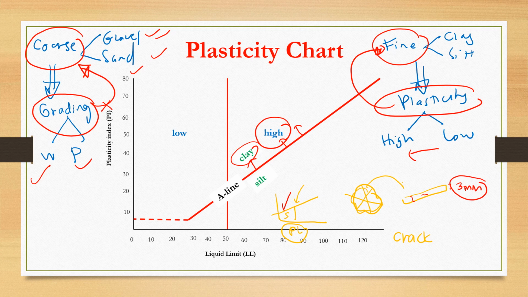If beyond 3 mm you still cannot see a crack, it means it has already exceeded the plastic limit, which means you put in too much water. If it cracks before 3 mm, it means it's too dry. You want to see the cracks happen exactly at 3 mm, then it is considered the plastic limit.